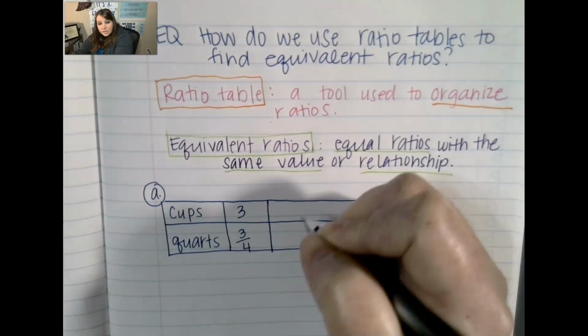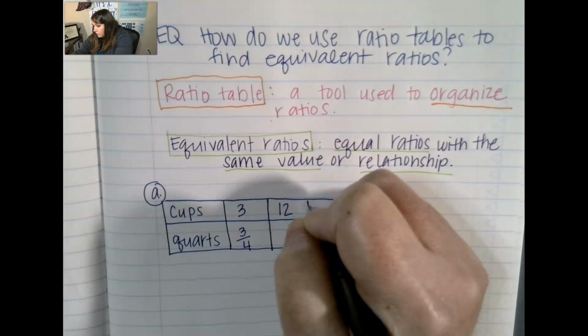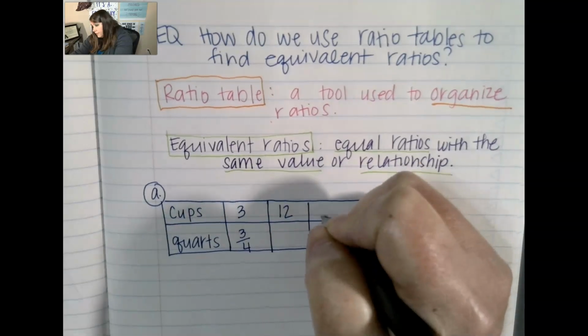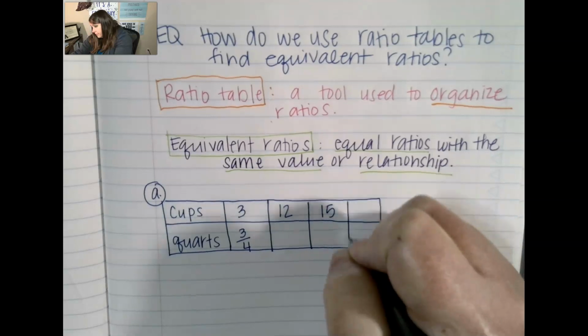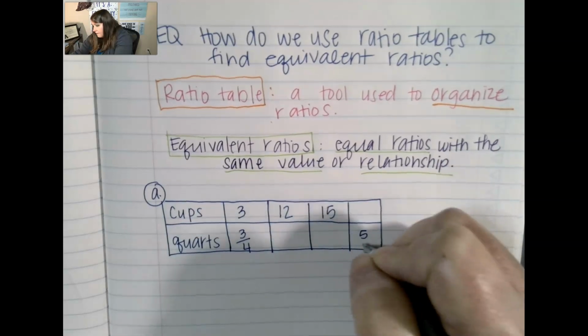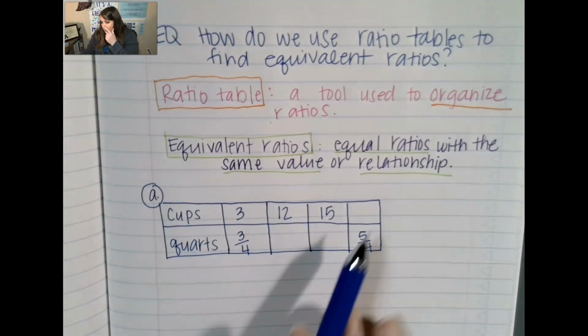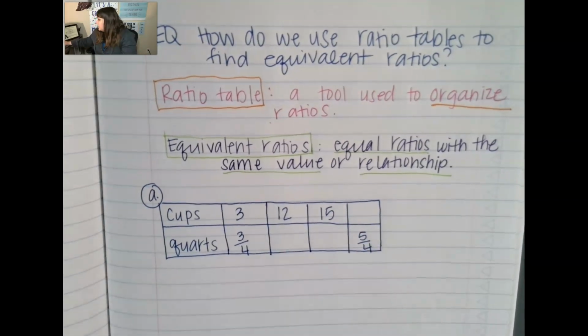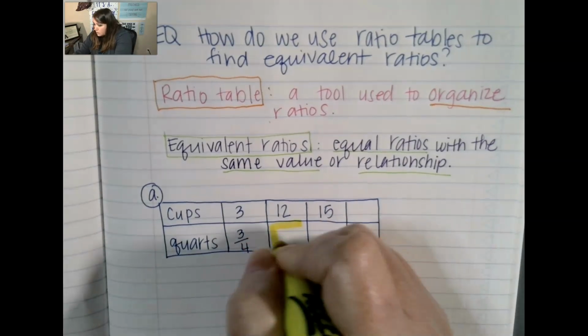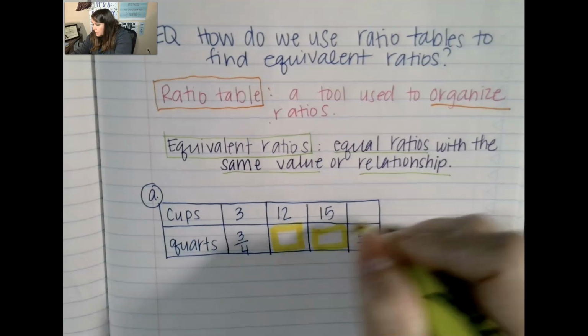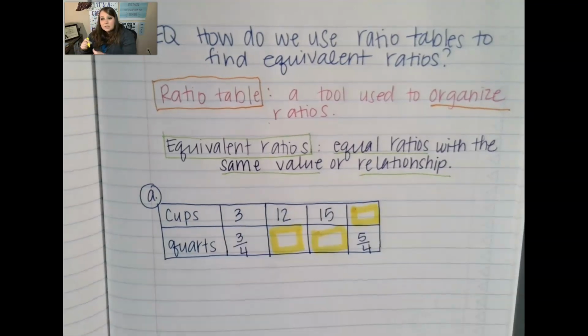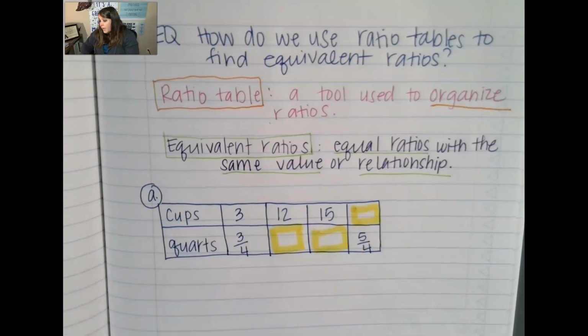It then has a 12, a 15, and a 5/4. And our job is to fill in or find these missing boxes. So we're going to fill in these missing spaces by using the information that we have.